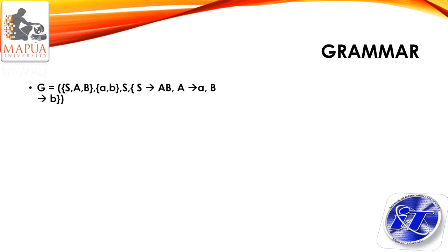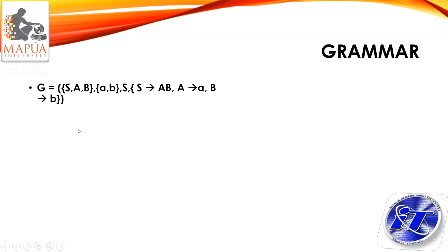Okay, so let's have this example. Again, G is grammar, and we have these four tuples. The first tuple is S, A, B, the second is A, B, then we have S, and then the production rules. So what is the meaning of this?